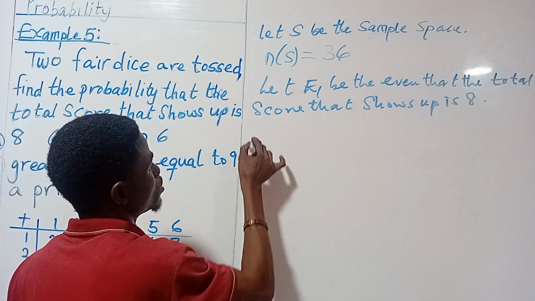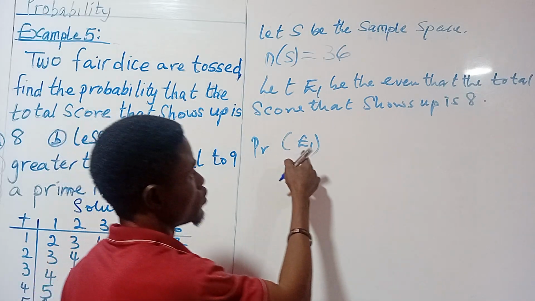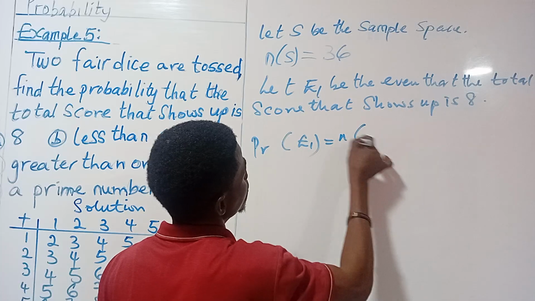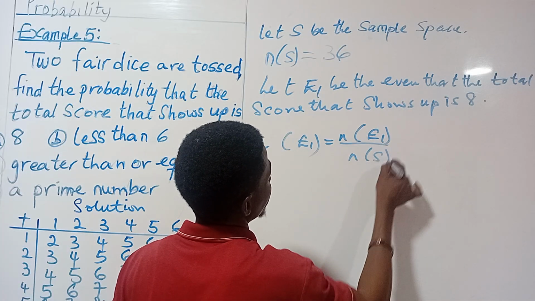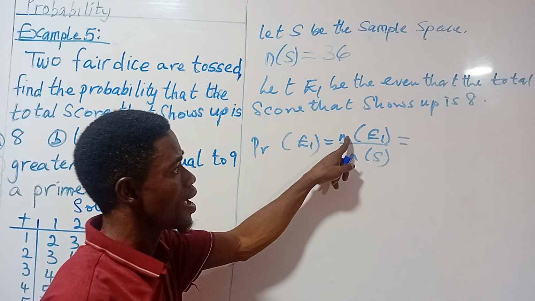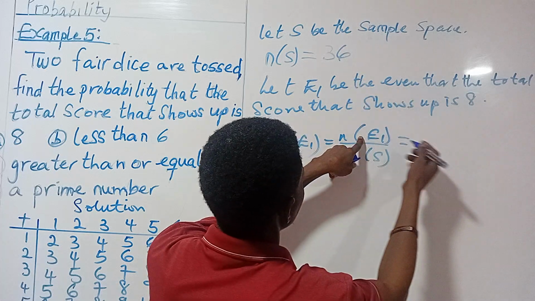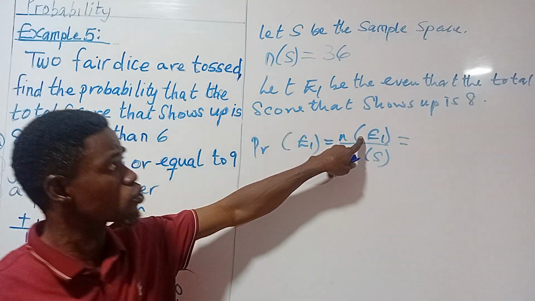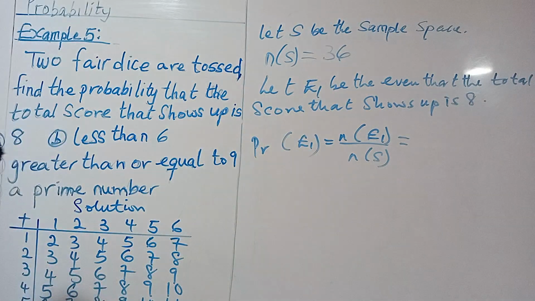So to calculate the probability of this one, we have P(E1) equals n(E1) over n(S). Now, what is n(E1)? It is the number of ways the total score that shows up is 8.